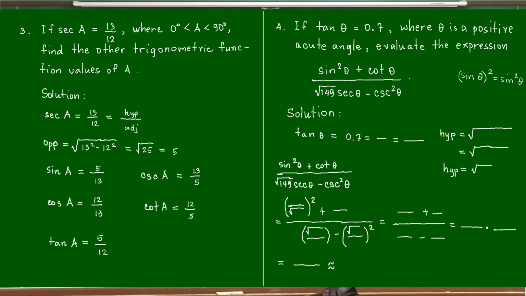So can we convert this into a ratio? Yes, 7 over 10. And that is opposite over what? Over adjacent. What part of the triangle is missing? Hypotenuse.